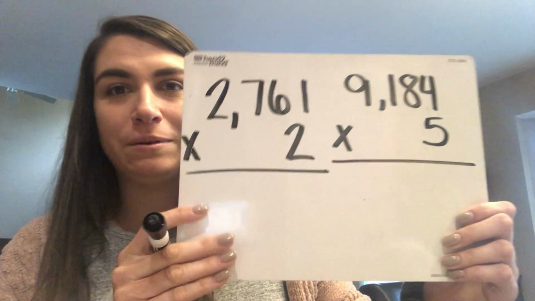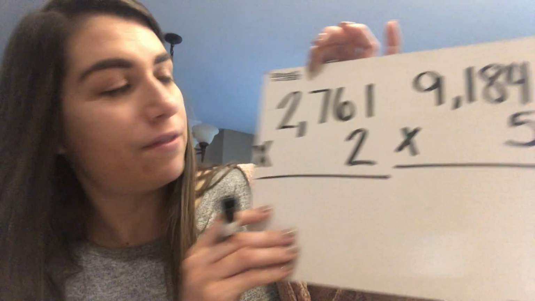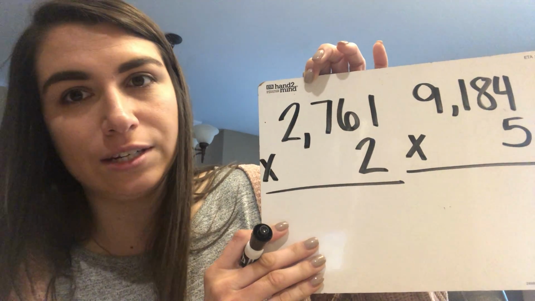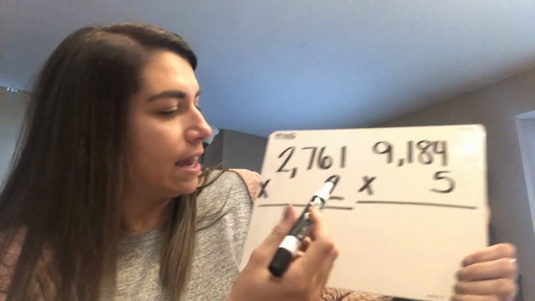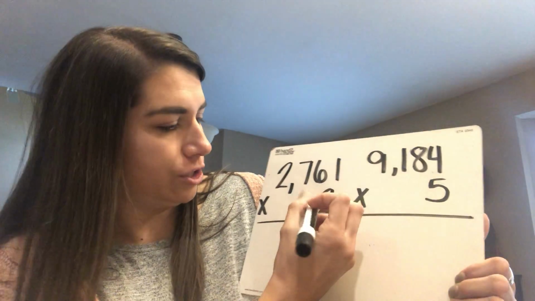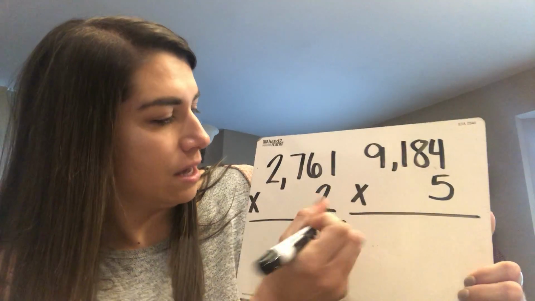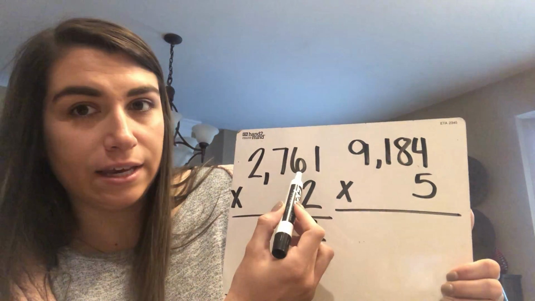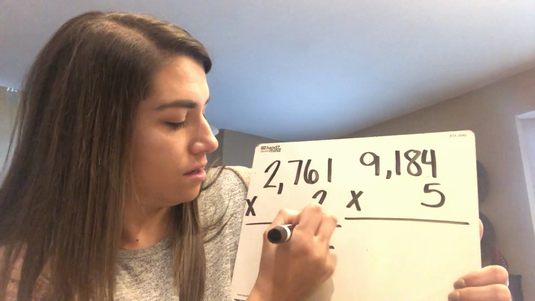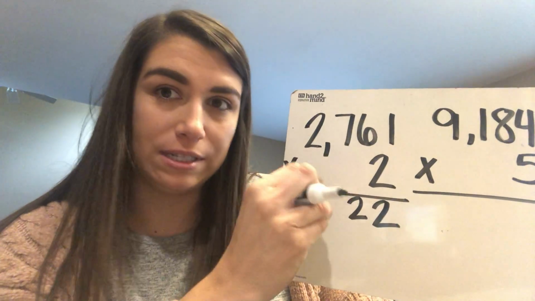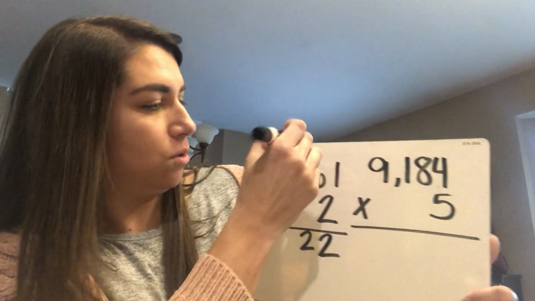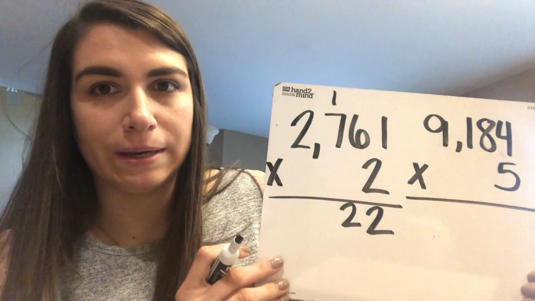All right, so now that you're back with me, we're gonna go ahead and solve this first one, the 2,761 times 2 first. So I wanna start in my ones place, and I'm gonna take 2 times 1, which is 2. Then I'm gonna take 2 times 6, which is 12. Remember, I can't have more than 9 in a group, so I grab the 10 and move them over so that 1 goes in my hundreds place now.